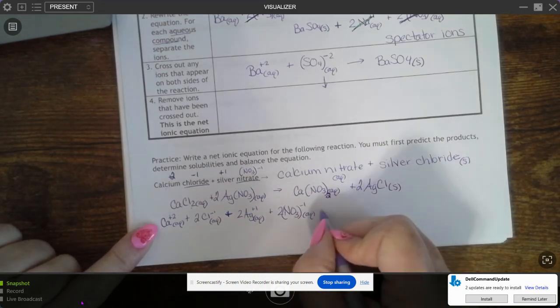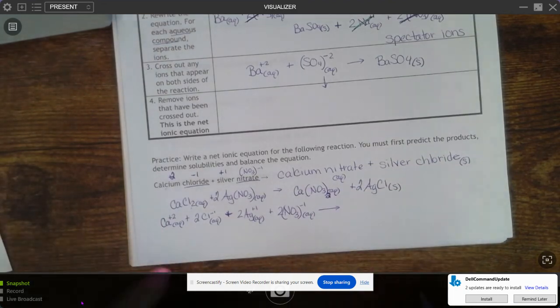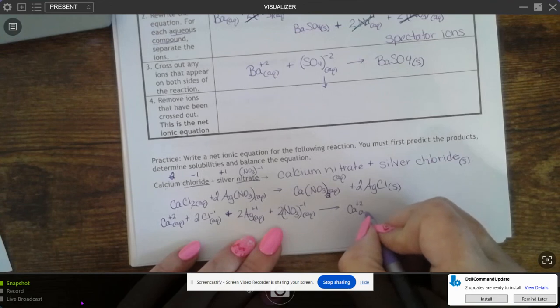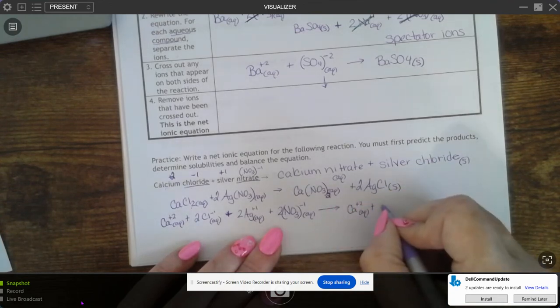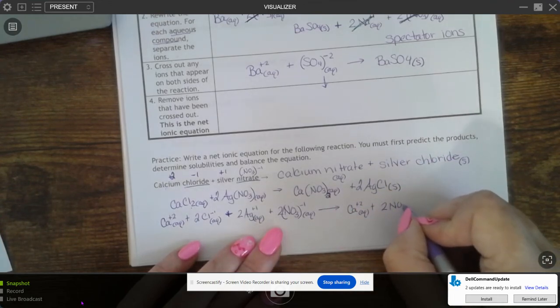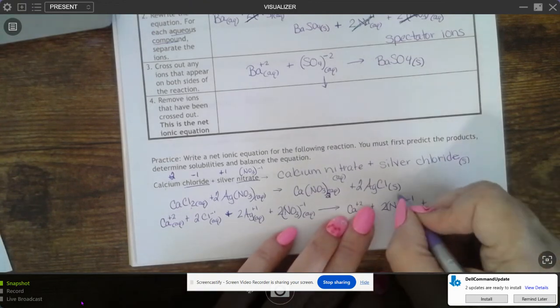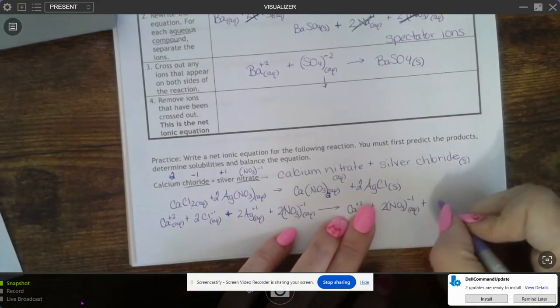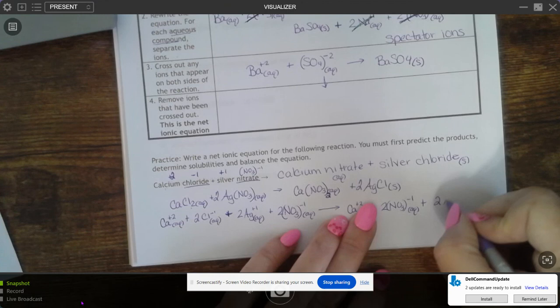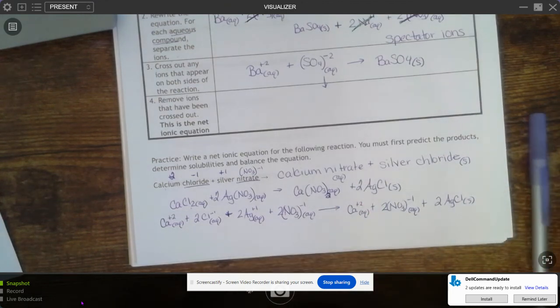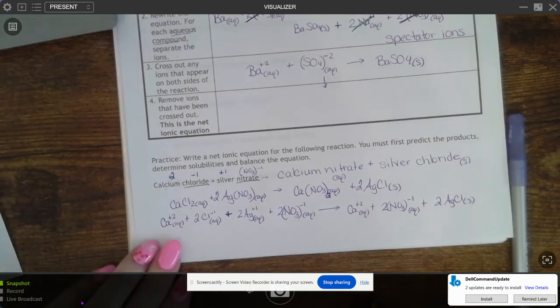And those react to give us calcium plus 2 nitrates with a -1 charge. Plus, this is our insoluble compound, our precipitate, so we're going to leave this as 2AgCl solid. Now I'm going to see what I have on both sides.